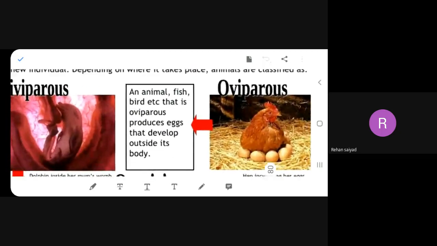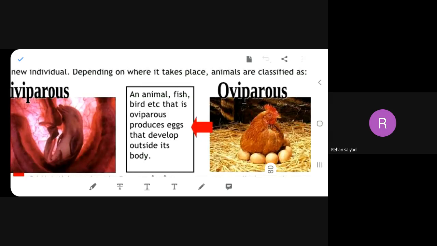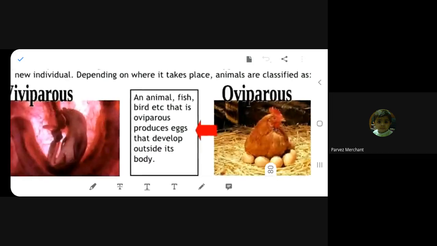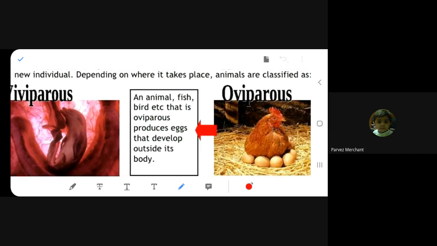Come out, beta. Ma'am, I. Okay. Why did you say false? Do you think you are right? When the male and the female nucleus fuse, what is it known as? Zygote.